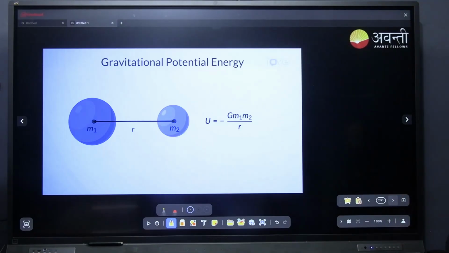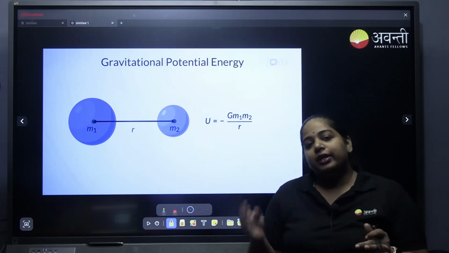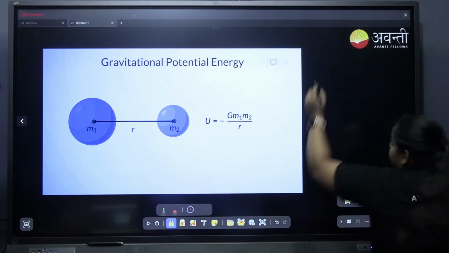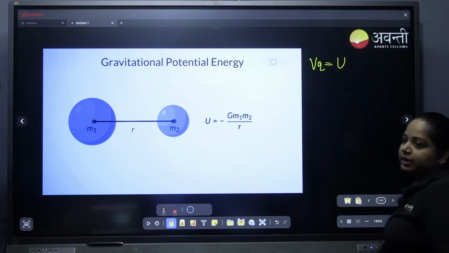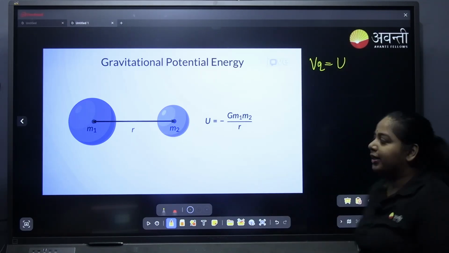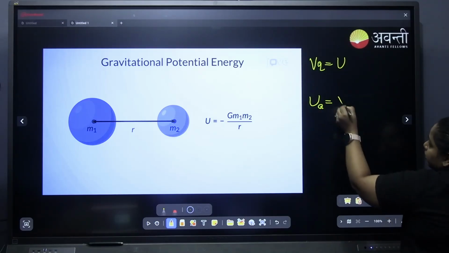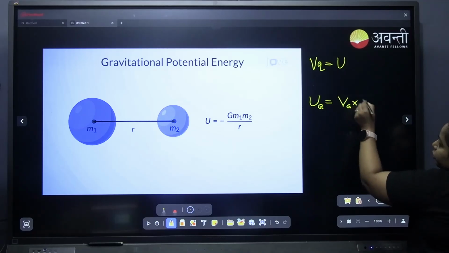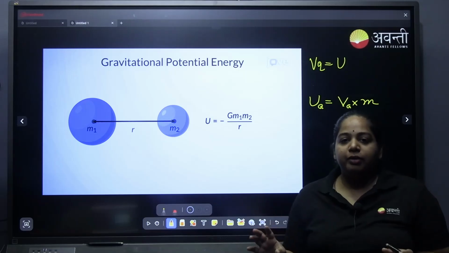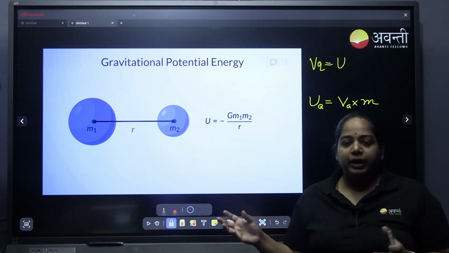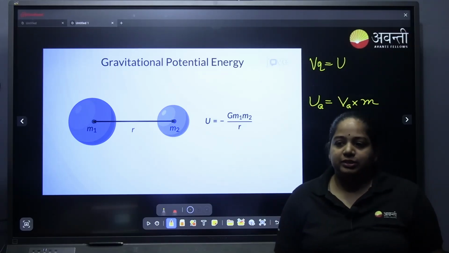Now coming to gravitational potential energy. As we know, electrostatic potential energy is equal to VQ. If you compare that formula here, gravitational potential energy will be equal to gravitational potential into mass. If we are not bringing unit mass, but a mass of m from infinity to a point, the work done will be the potential energy in this case.